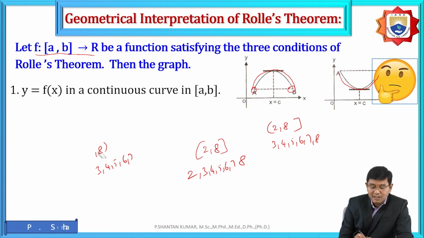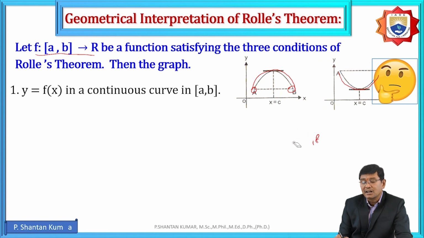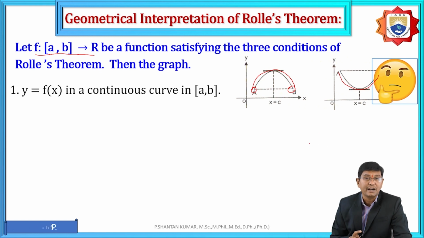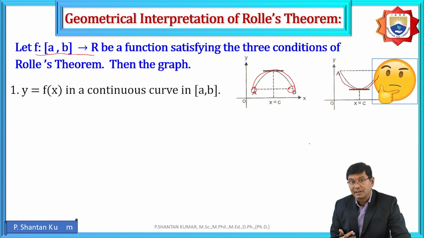But here, as per the statement of Rolle's theorem, a comma b is a closed interval, which is nothing but including the points a comma b, where the function is continuous. The y is a curve, and it is satisfied in the closed interval a comma b.